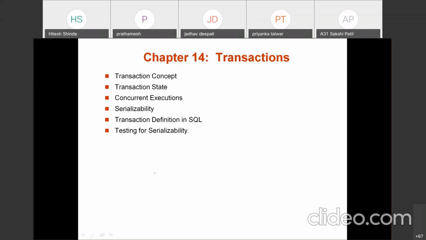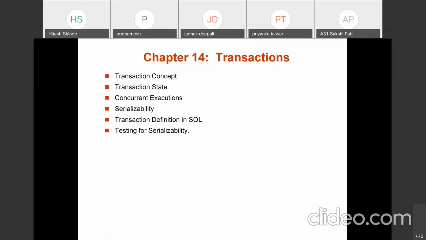Now first we start with the transaction. It is nothing but transfer of money. Suppose I want to transfer money from account A to account B. So what does it include?